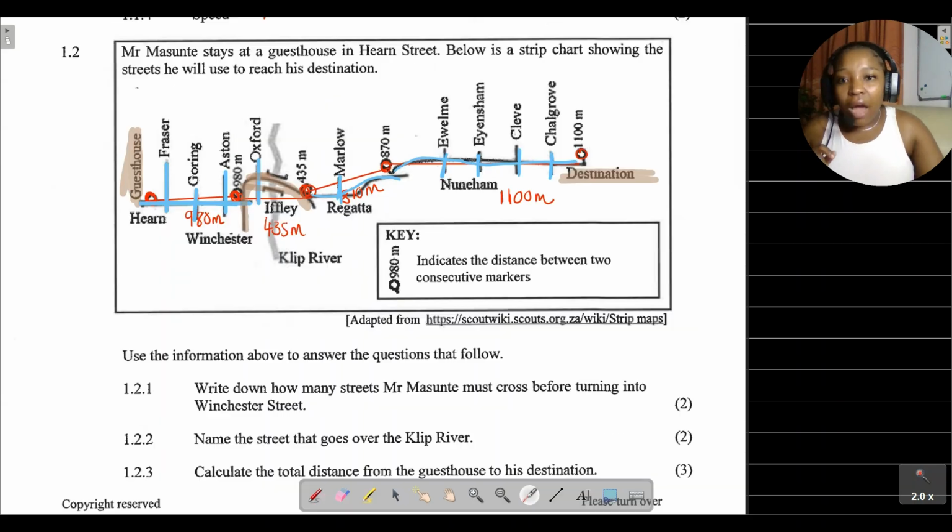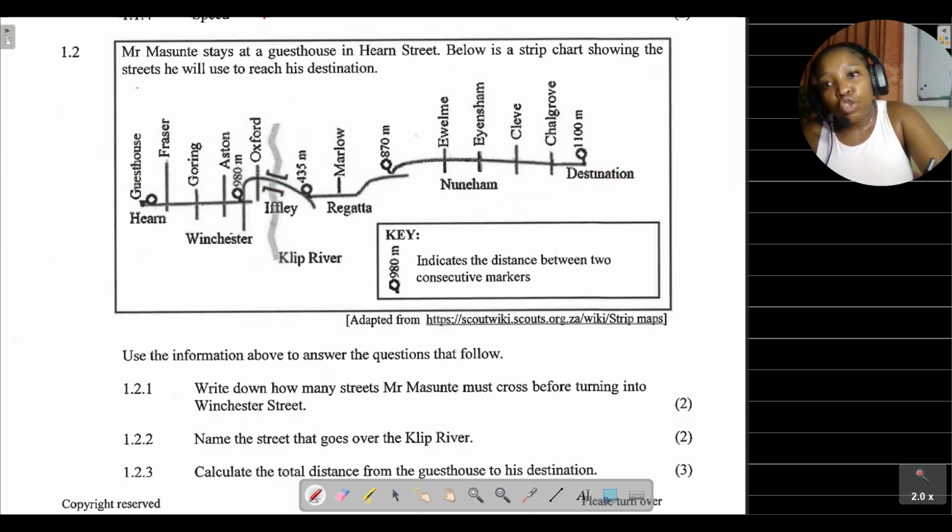It says, write down how many streets Mr. Mashunde must cross before turning into Winchester Street. So how many streets is he going to cross before he turns into Winchester?